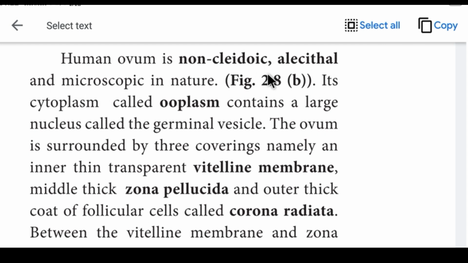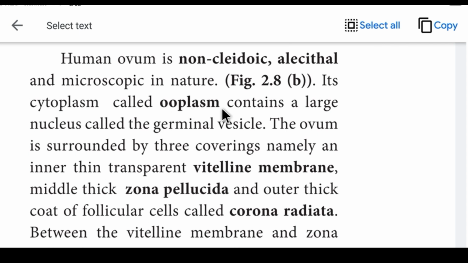Alecithal means absence of yolk. Non-cleidoic means it does not have any hard shell like the hen egg. Alecithal means absence of yolk or embryo inside, and it is microscopic in nature, so we cannot see it with the naked eye.